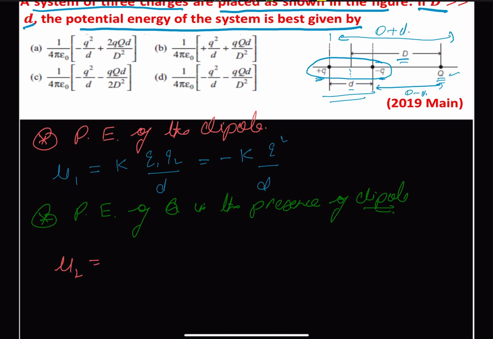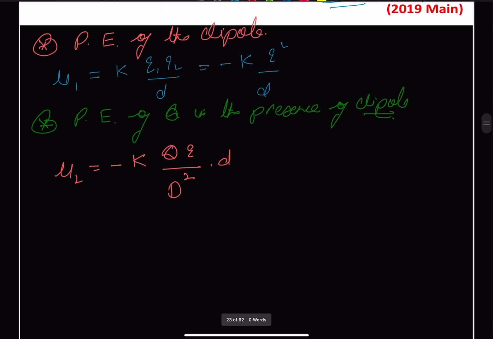U2 will be equal to minus k, and we have the charges capital Q, small q, and the distance between them from the center is capital D square, and multiplied by small d, that's the distance between the dipole. Now we can just add them and get the total energy.